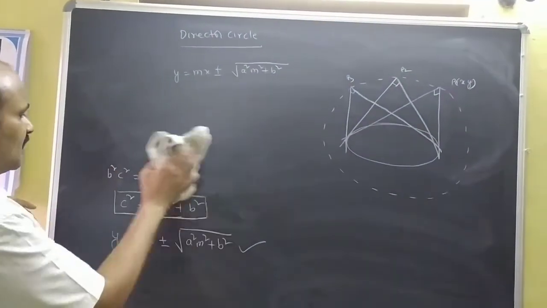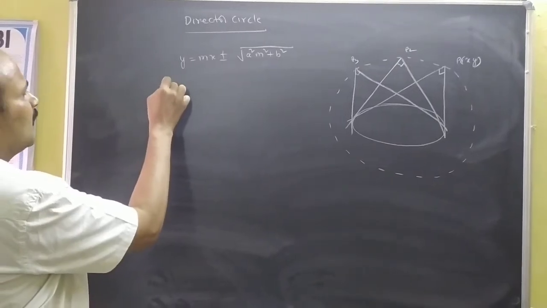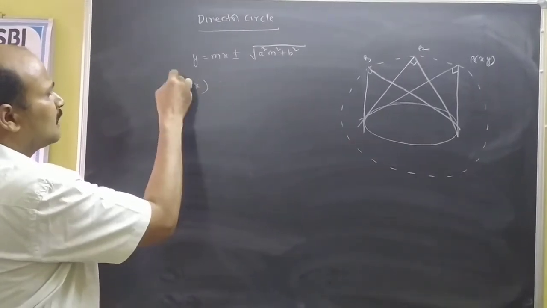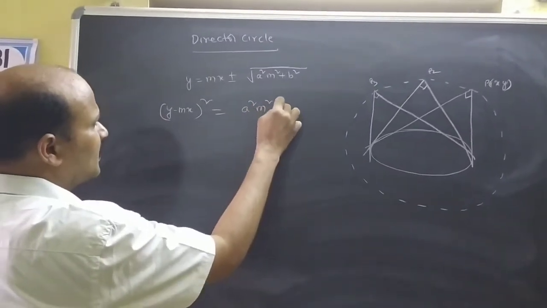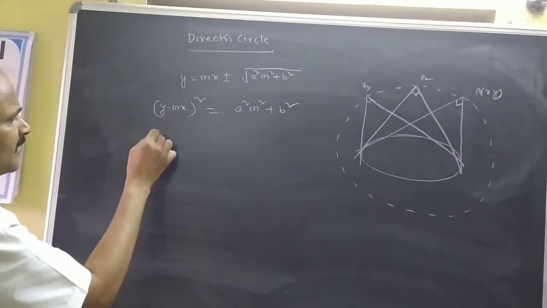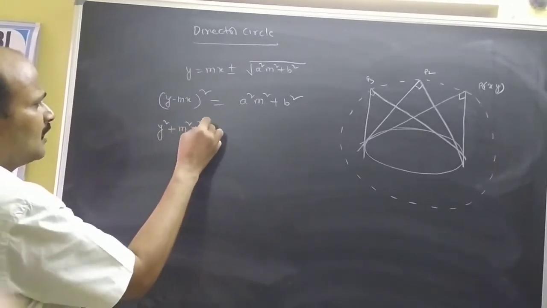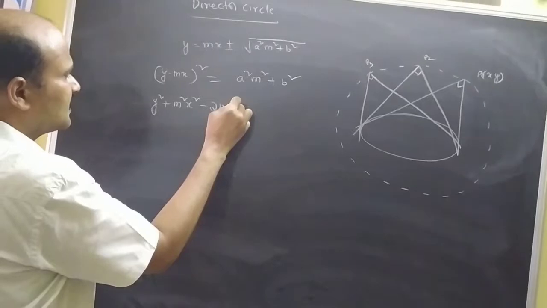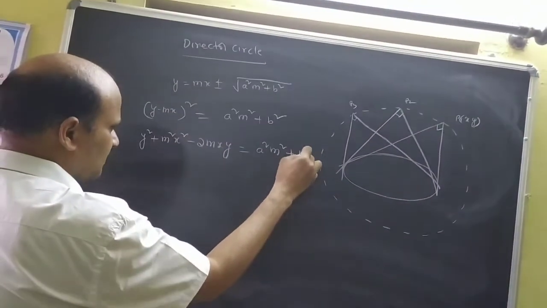If you simplify, transfer this, y minus mx whole square is equal to, squaring this, a square m square plus b square. If you expand this, you will get y square plus m square x square minus 2mxy is equal to a square m square plus b square.